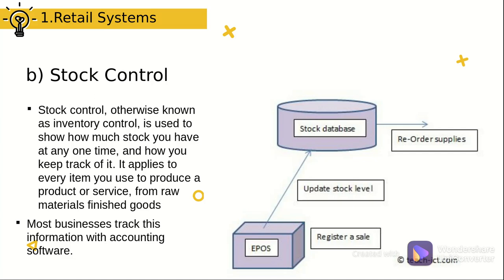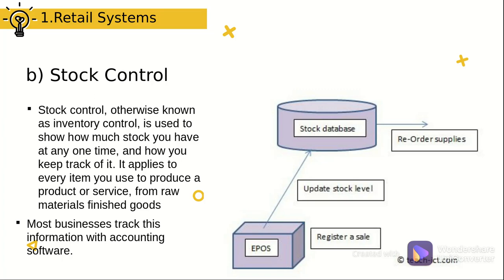So basically here, it's a system that is able to track which items are in, which ones have been sold, which ones are out of stock, and which ones need to be reordered.